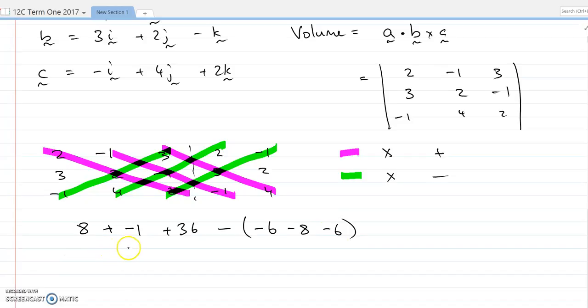So I've got 8 minus 1, 7. I've got 43 minus a negative 20, plus 20. So I believe I get 63. And we don't have any units, so we can just call this not square units, cubic units.